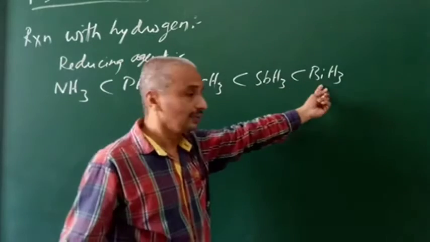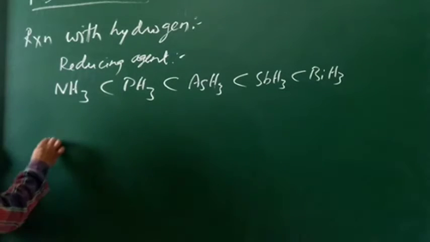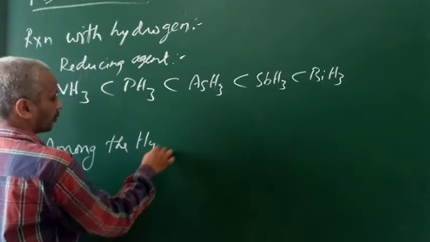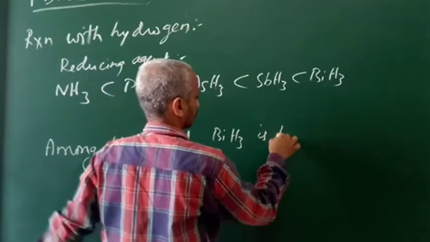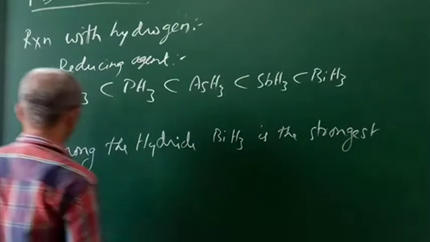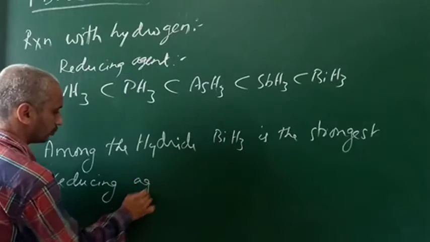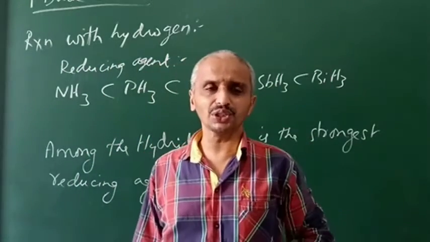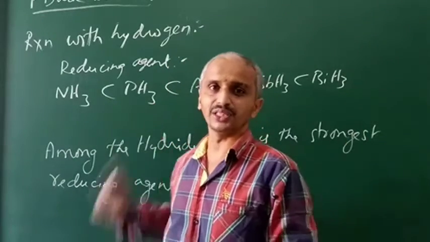Among the hydrides, BiH3 is the strongest reducing agent. Among the metals, cesium is the strongest, but I am not going into that. Among the hydrides, I am saying.